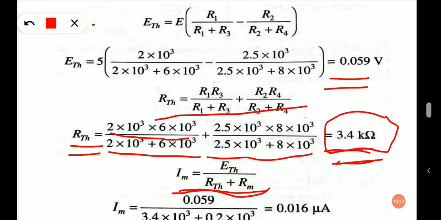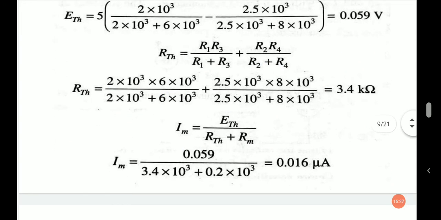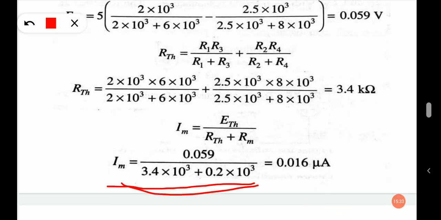So if we substitute the required values, we can write Im equals 0.059, that is ETH, upon RTH plus RM. RTH is 3.4 into 10 raised to 3 plus RM. RM is given and RM is 200 ohm.